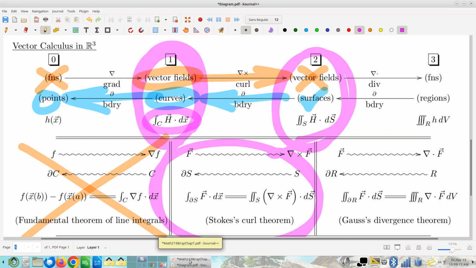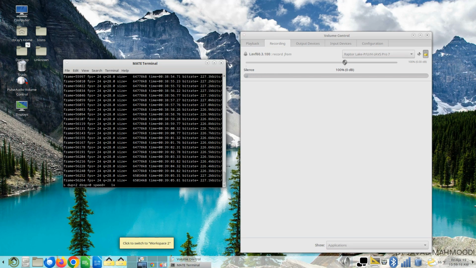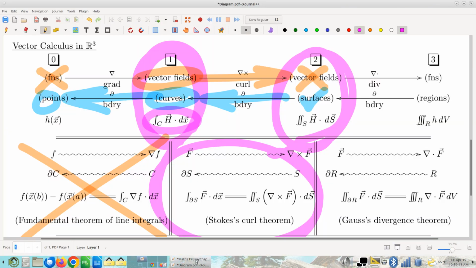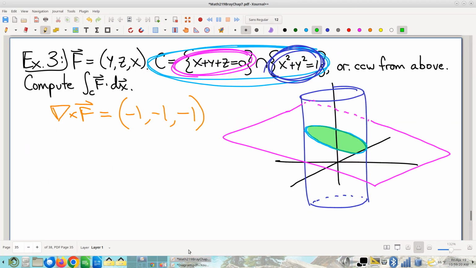Does that help me? If I'm going to compute a flux, I would then have to parameterize this surface. Not that that's hard. It's in an easily identifiable plane. I could solve for z. I could use the graph parameterization. It's not that bad to parameterize this surface, right?